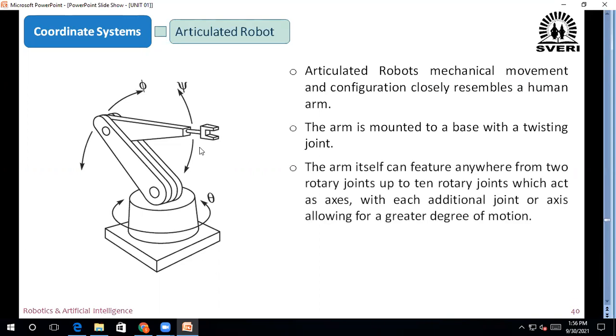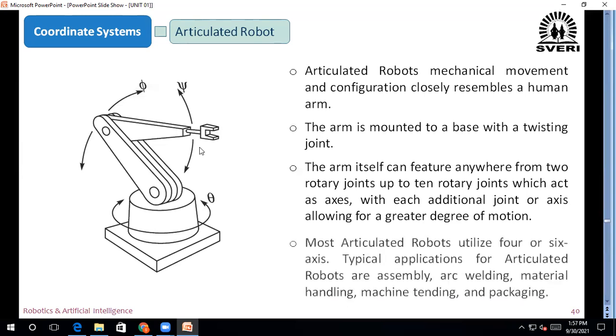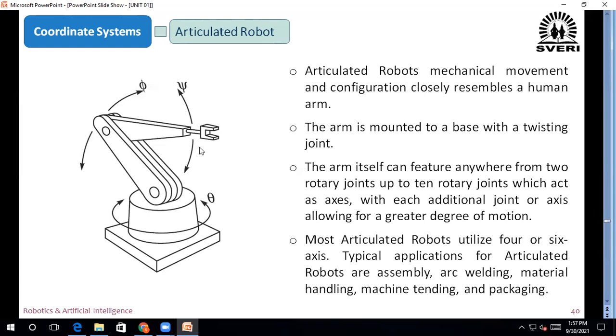The arm itself can feature anywhere from 2 rotary joints up to 10 rotary joints, which act as axes, with each additional joint or axis allowing for a greater degree of freedom. Most articulated robots utilize 4 or 6 axes. Typical applications for articulated robots are assembly, arc welding, material handling, machine tending, and packaging.